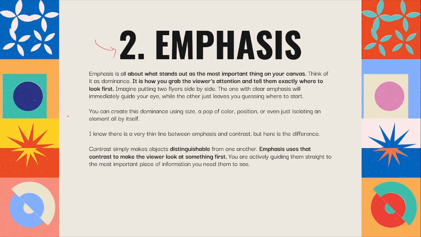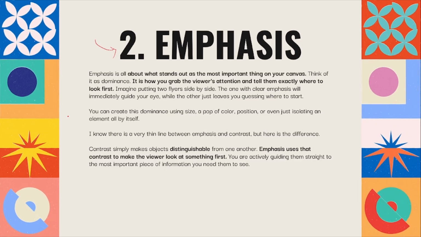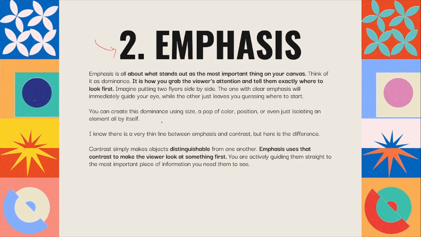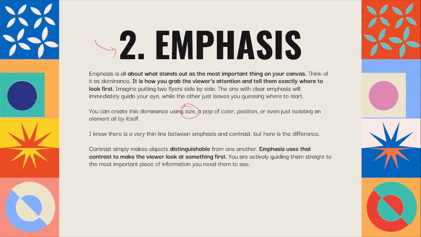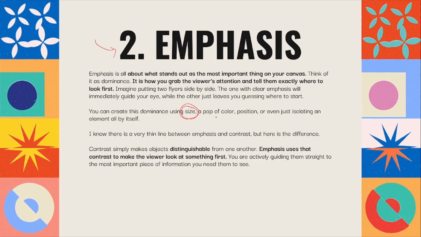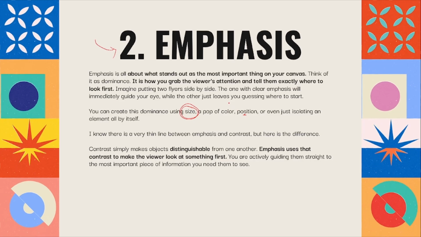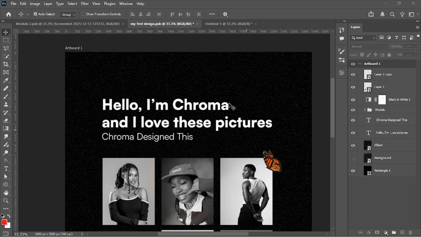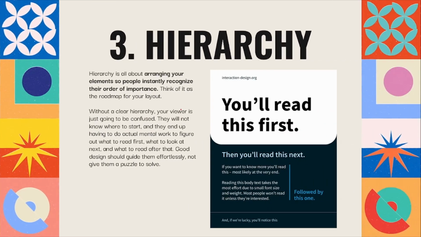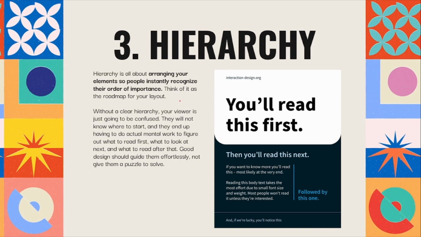It's not your logo you want to see, but the content of the design. That's emphasis, right? You can create this dominance using size, which is the most common thing. You can use a pop of color, you can use position, or just isolating an element by itself. Yeah, let's move to hierarchy.